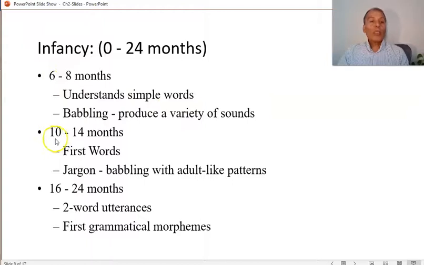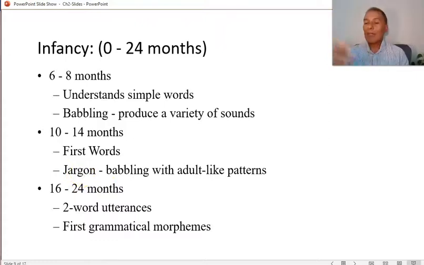And between 10 to 14 months, the biggest milestone will be achieved in language, which is to produce the first word. Usually between 10 and 14 months, we say by the first birthday, the baby should have his or her first word. At that time, they also produce jargon.